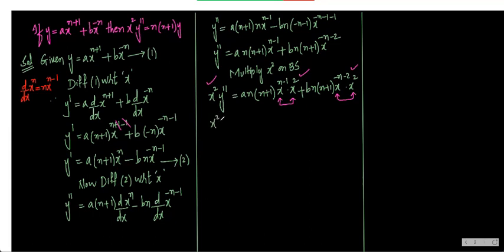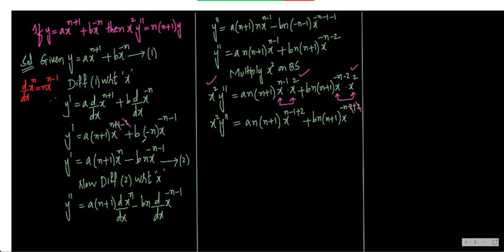X square y double dash is equal to a n into n plus 1, and bases are equal, power should be added, n minus 1 plus 2 plus bn into n plus 1 x power minus n minus 2 and plus 2. So then some of the terms are cancelled, like plus 2 minus 2 cancel, and here 2 minus 1 is 1.